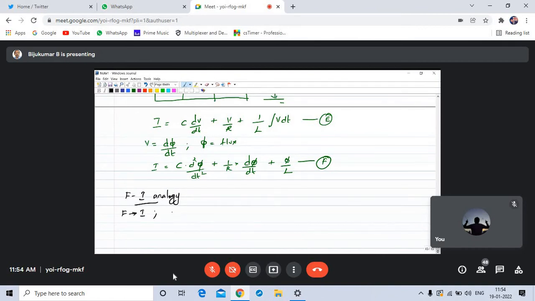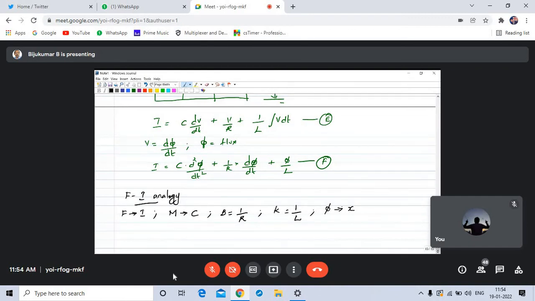And what about the M? Mass is analogous to capacitance. And the dissipative element B is analogous to 1 by R. And again the spring constant is analogous to 1 by L. Also the flux is analogous to displacement.